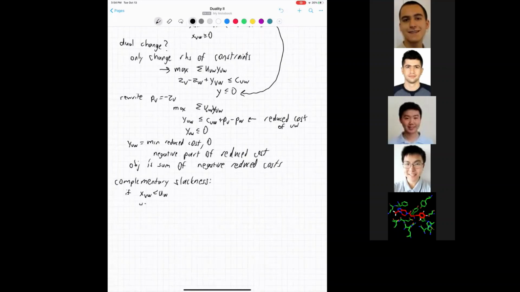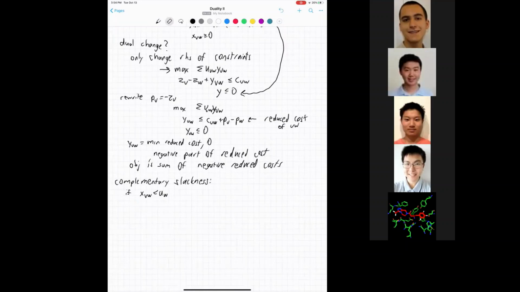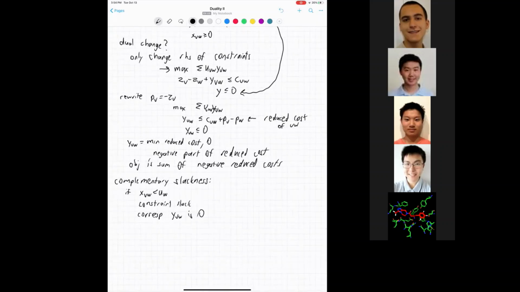Well, the constraint is slack. And so that means that the corresponding variable, YVW, is tight. Sorry, is 0.